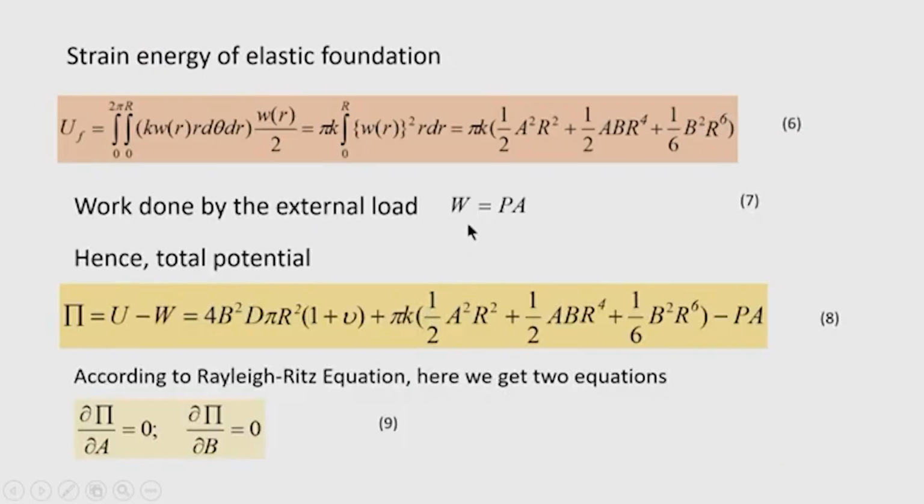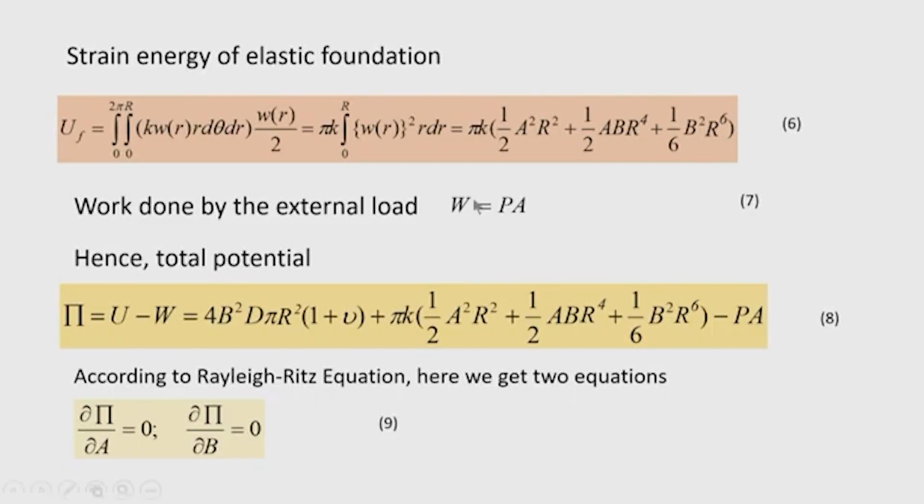Now, using the expression that W, the work done, is equal to load into displacement, and the load does not change during the deformation, therefore the work done is equal to P into A. So, then total potential will be pi equal to U minus W, and U equal to 4 B square D pi r square into 1 plus mu.